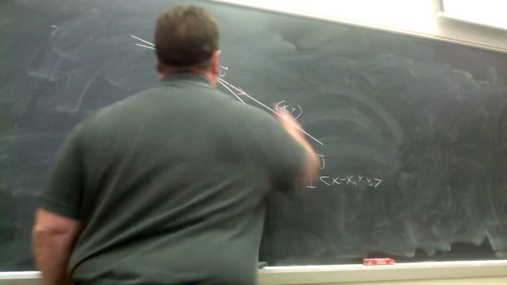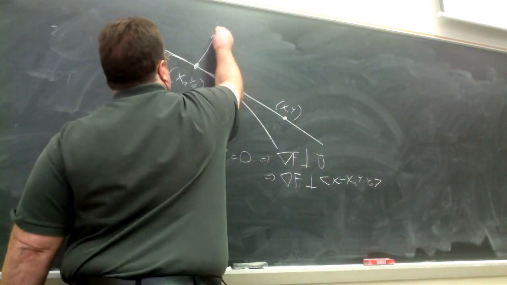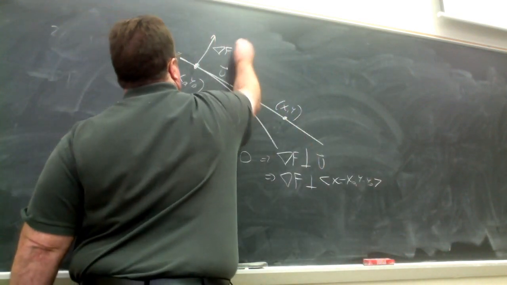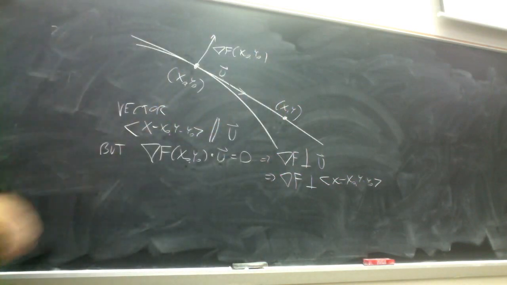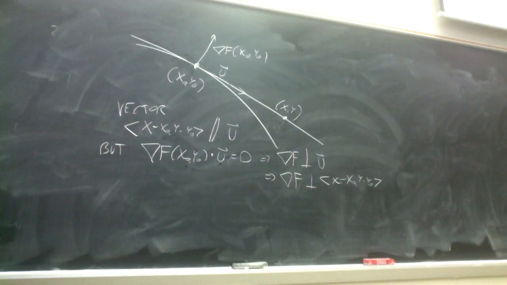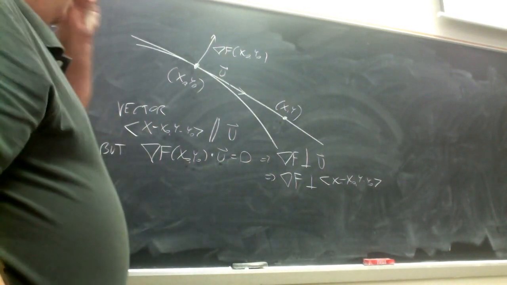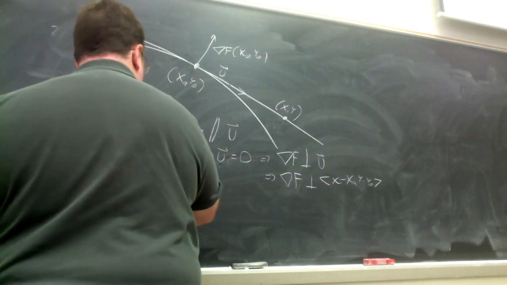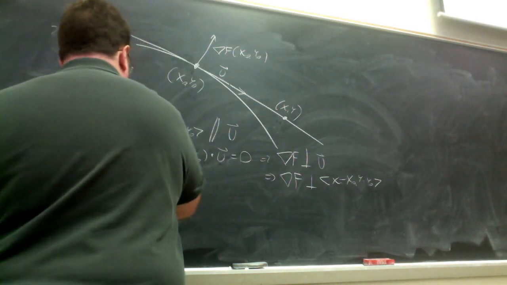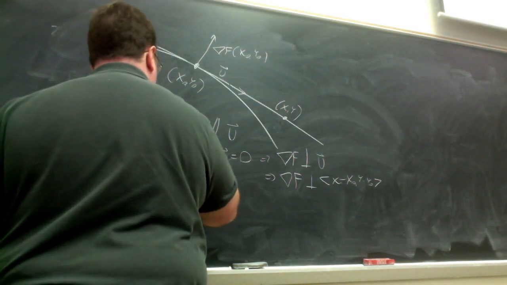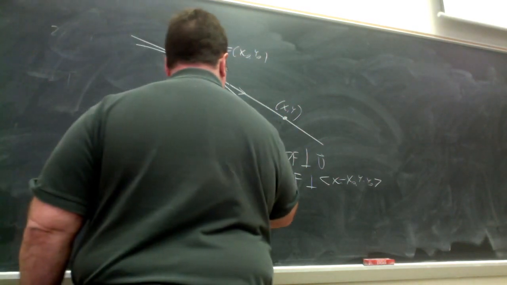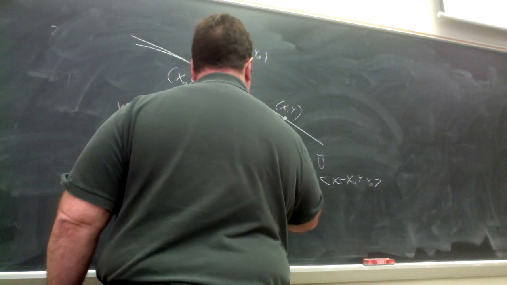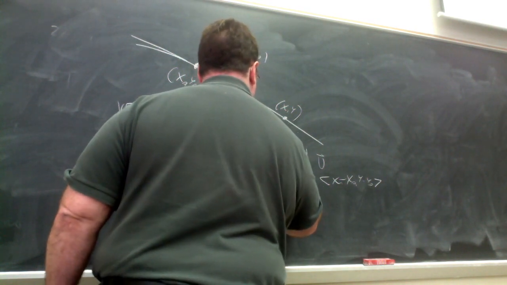Okay. So in fact, the gradient could very well be pointing in this direction, or it could be pointing the opposite direction. The point is, it's along that perpendicular. Okay. So the gradient of f dot product with x minus x naught, y minus y naught must be 0.